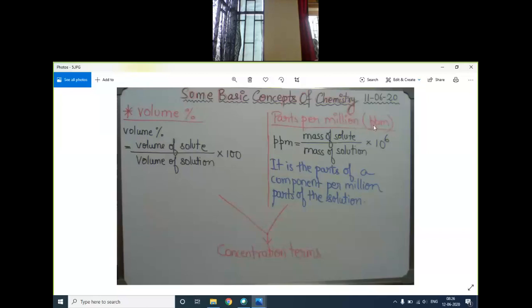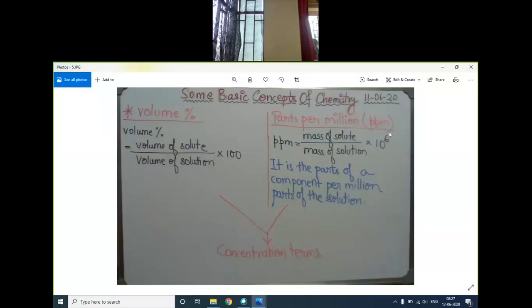How to calculate this? Parts per million equal to mass of solute by mass of solution into 10 to the power 6. Why 10 to the power 6? It is parts per million. Per million we have to calculate. So here we have multiplied by 10 to the power 6.